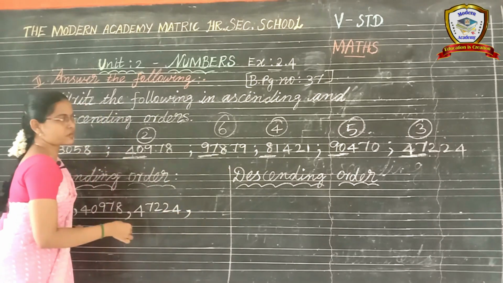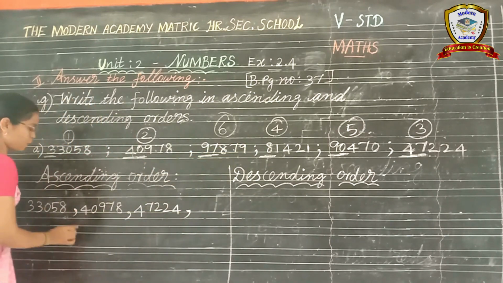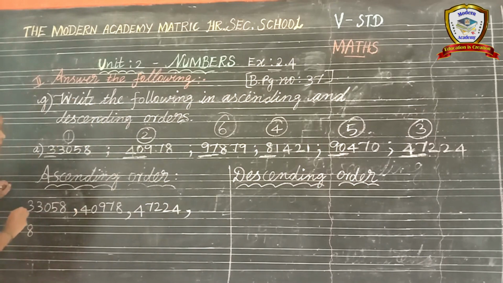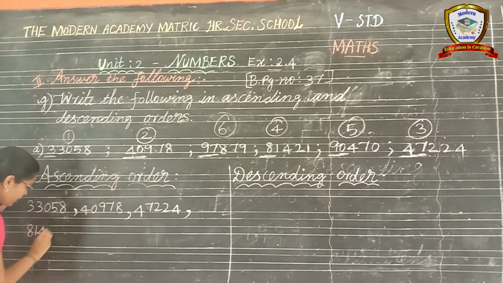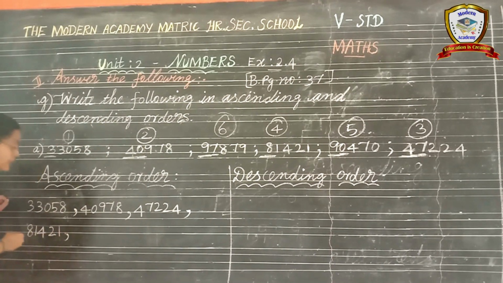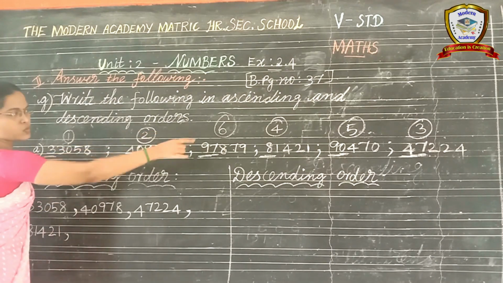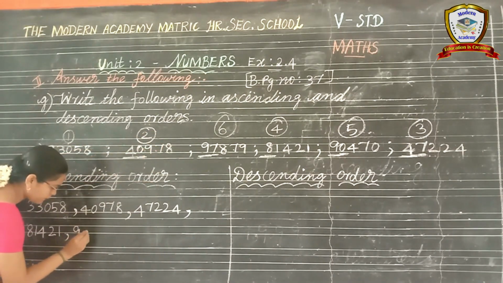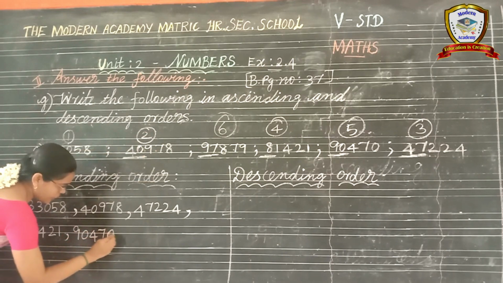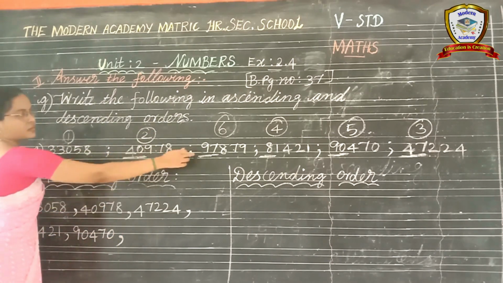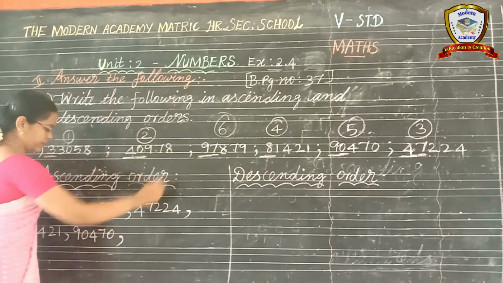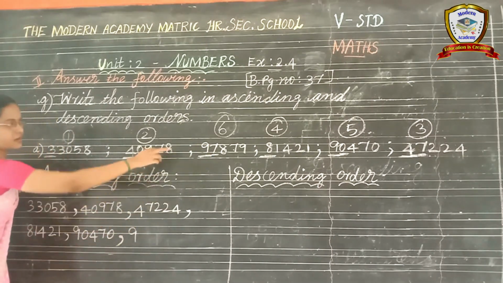Next number is 81,421. Next number is 90,470. And the last number is 97,879.